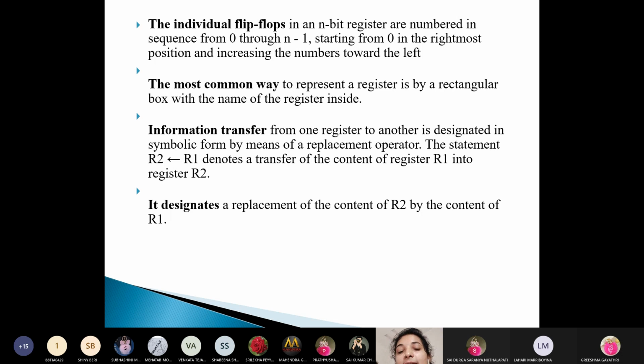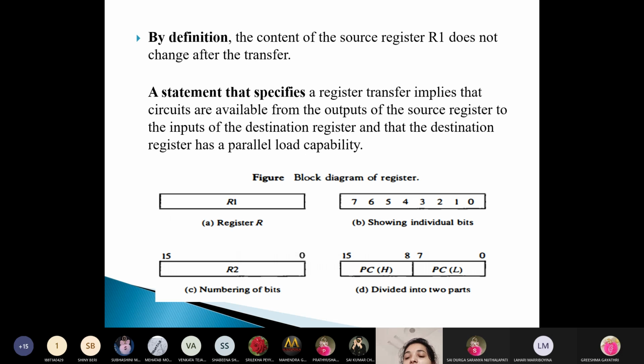The statement specifies the register transfer, and it implies that circuits are available from the outputs of the source register to the input of the destination register, and the destination register has parallel load capability. We want the transfer to occur only under a determined control condition.